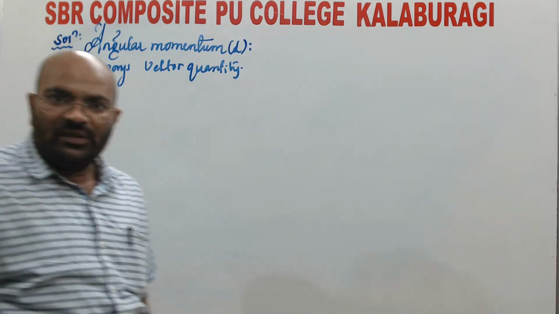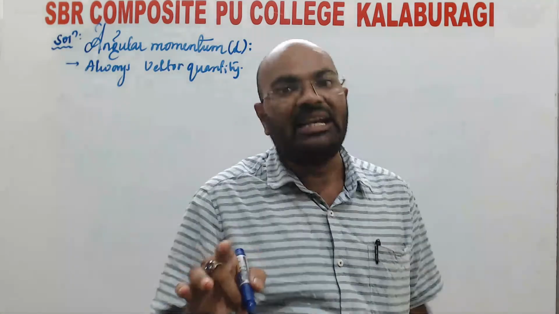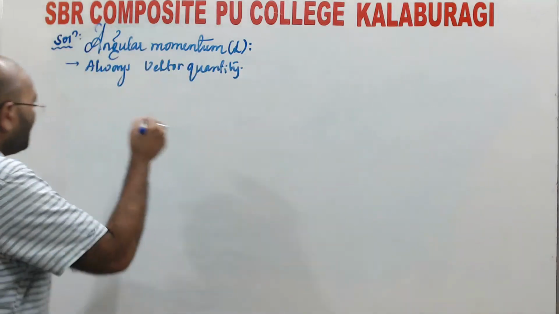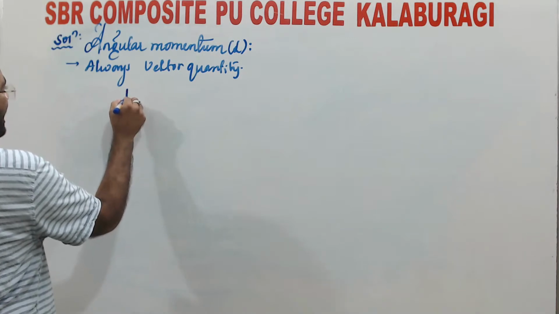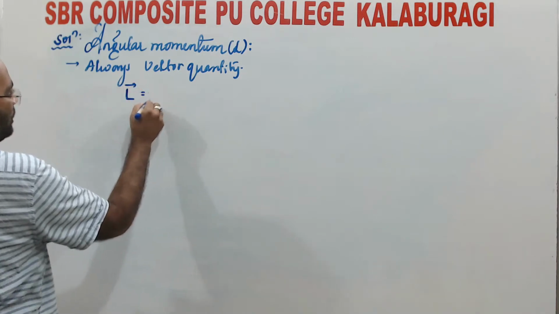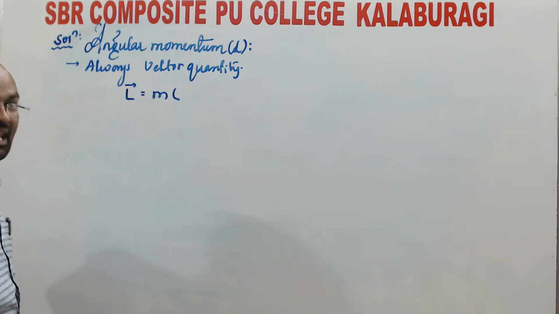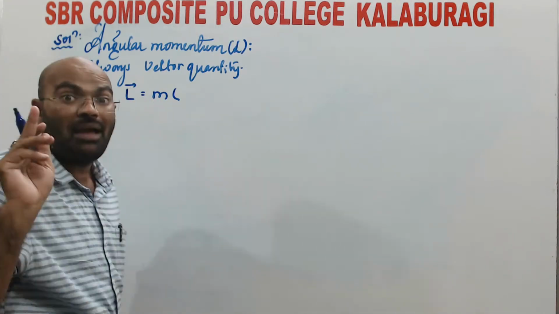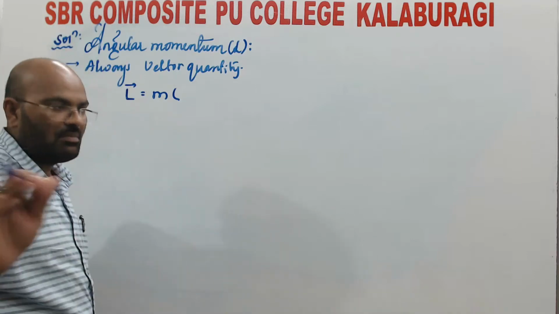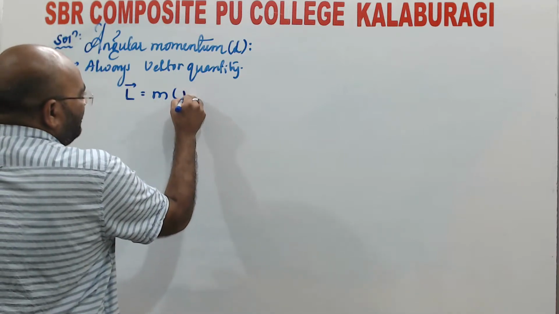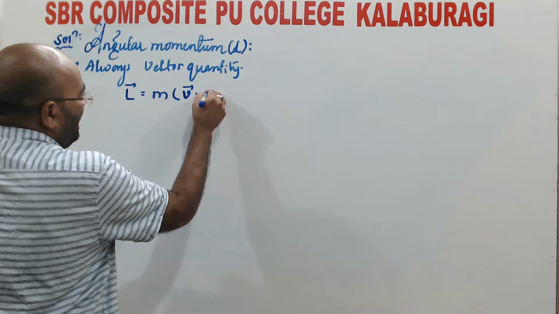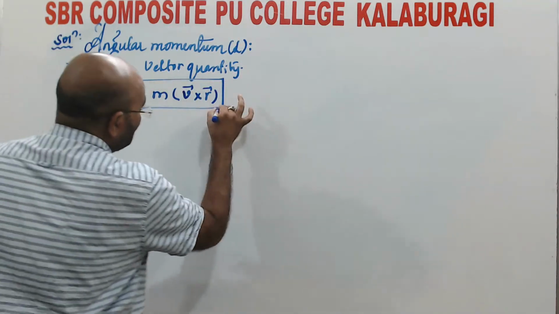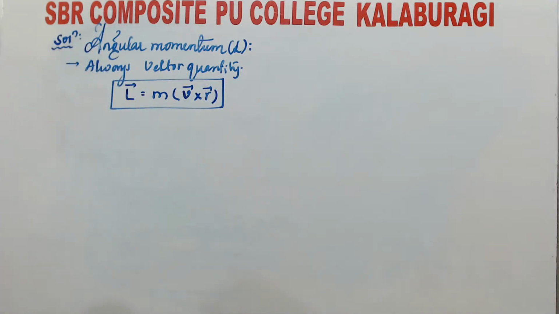What is a vector? You know very well. A vector is one that has both magnitude as well as direction. In vector notation, it can be represented as vector L is equal to m, the mass, which is a scalar physical quantity, only magnitude, no direction, into v cross r. This is what we call the notation of angular momentum.